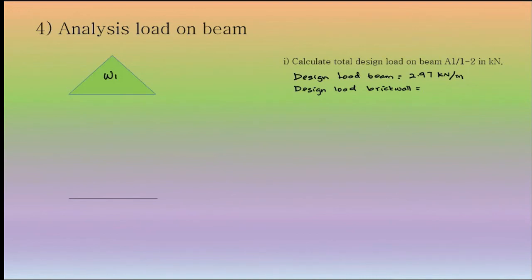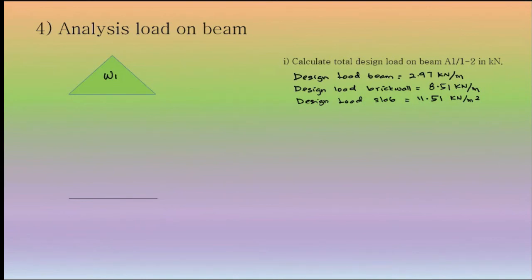Design load brick wall, 8.51 kilonewton per meter. Okay, then we have design load slab, 11.51 kilonewton per meter square. Okay, correct guys?